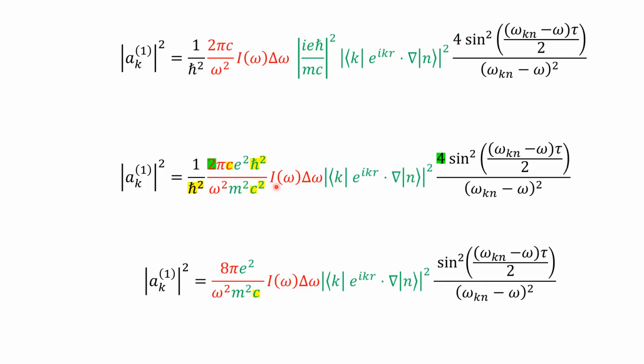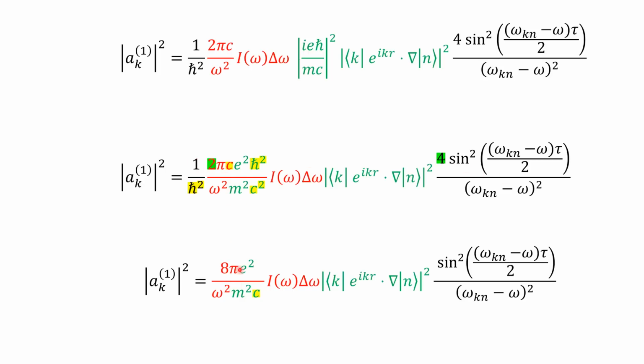Now you can carefully analyze this equation. This h cross squared, I have marked with the yellow highlight. H cross squared will cancel out with this h cross squared, and this c will cancel out with this c squared. You will get only c in the numerator. Here there is one 2, here there is one 4. 4 into 2 will become 8. So now after reducing the term, you will get 8 pi, that is 2 plus 4, 8.